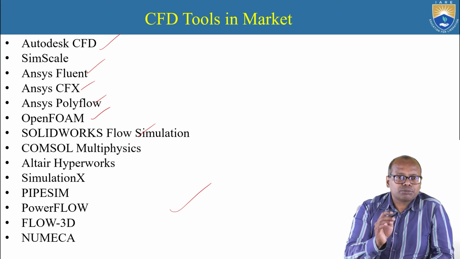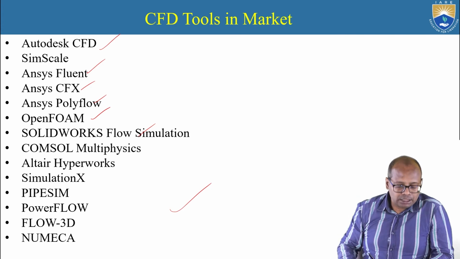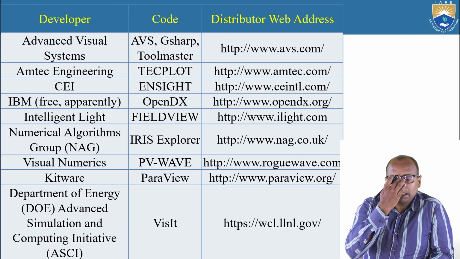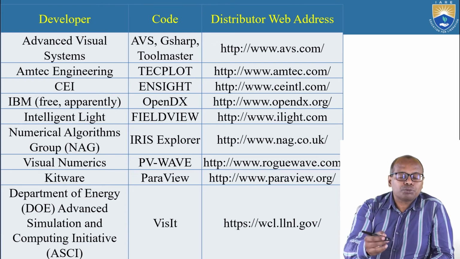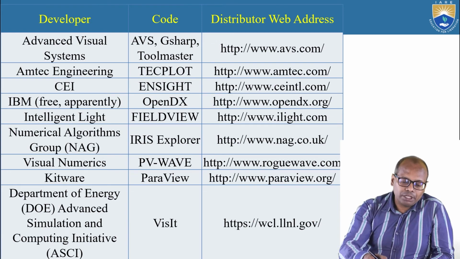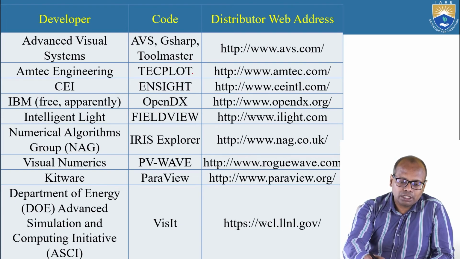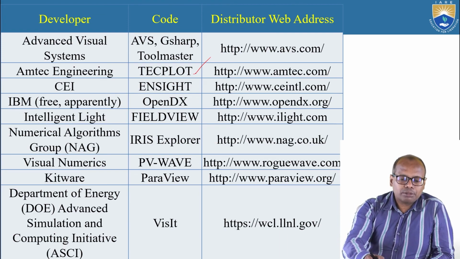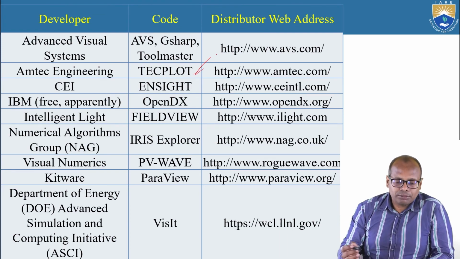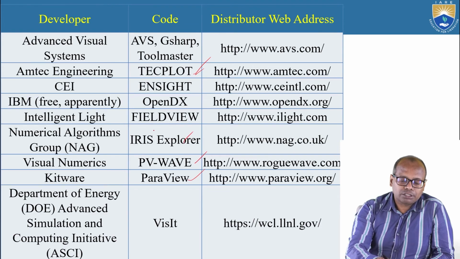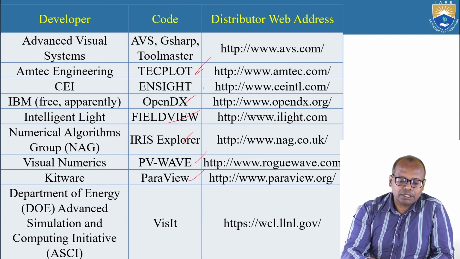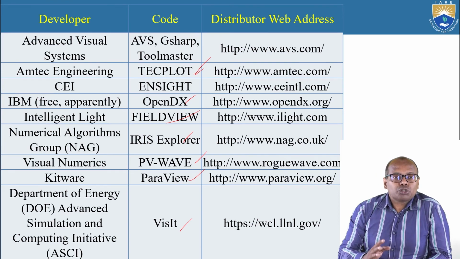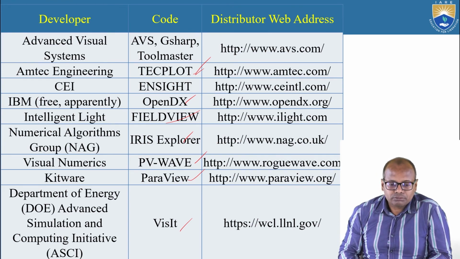This is a small list, it is not exhaustive, many softwares are there. And we have seen the last one, post processing. In post processing also there are many tools. Tecplot, most people generally use. I have seen many people using Tecplot. ParaView, Iris Explorer, FieldView, OpenDX. There are many post processing softwares.